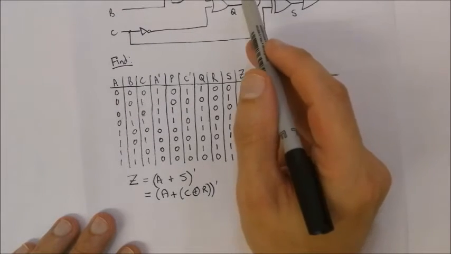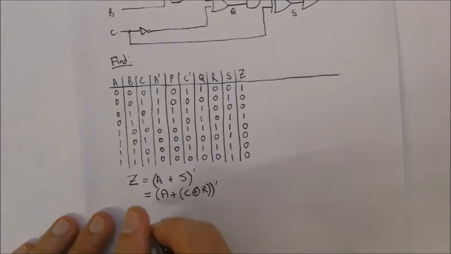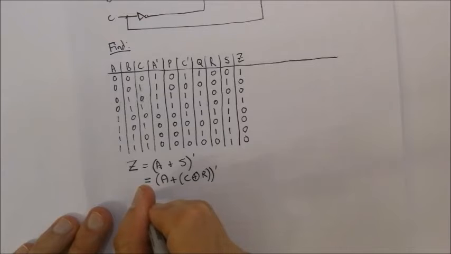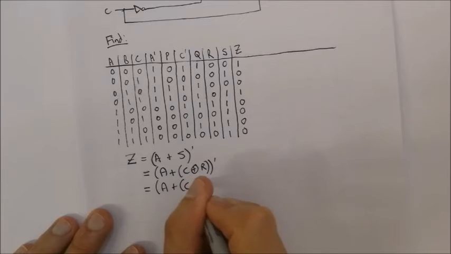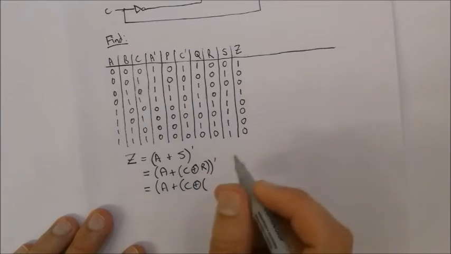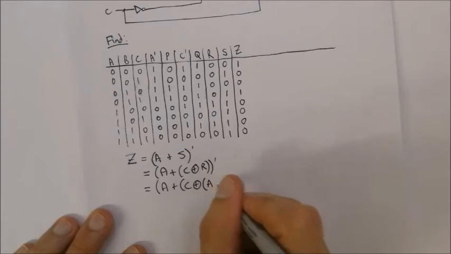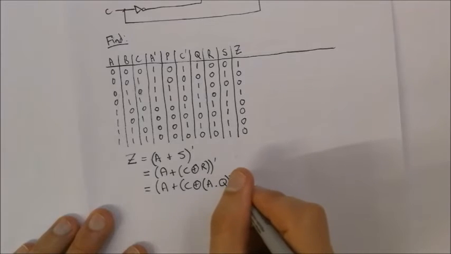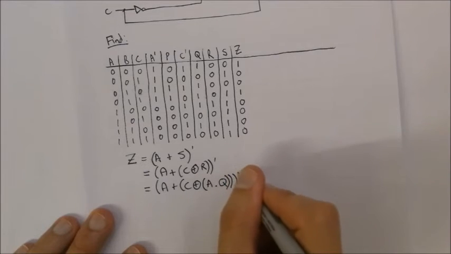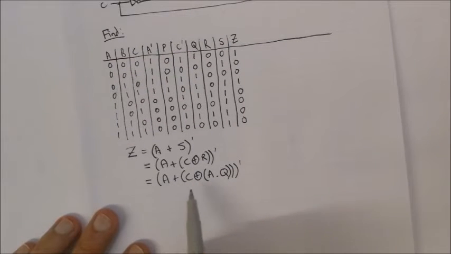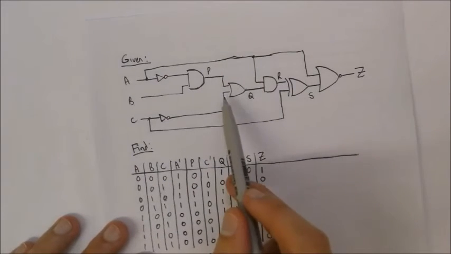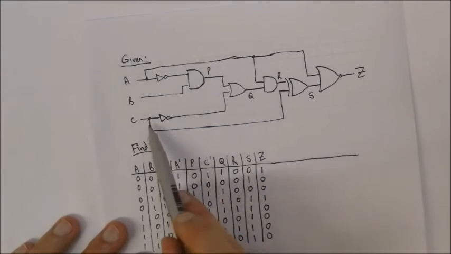R is equal to A and Q. That means we can expand this to A or C XOR of A and Q, and that's all NOT. A is an input, C is an input, A is an input, Q is not an input. What's Q? Q is equal to P or C NOT.